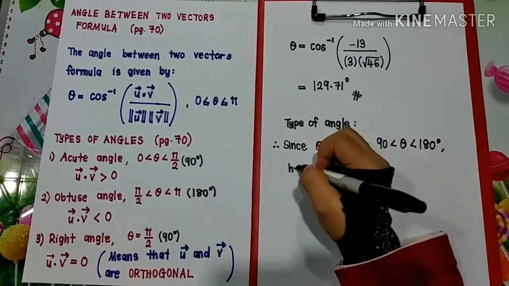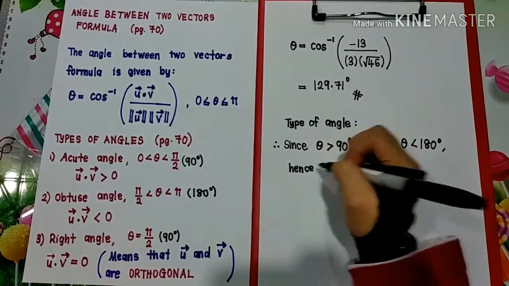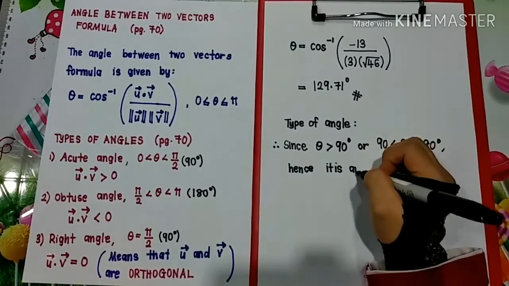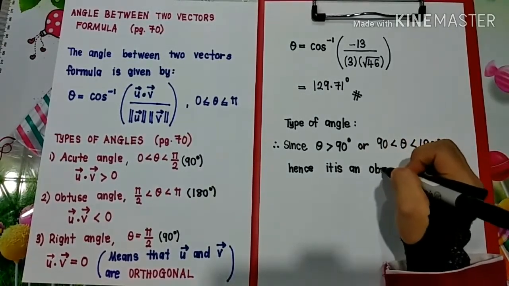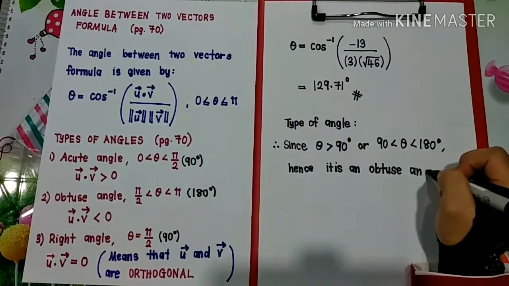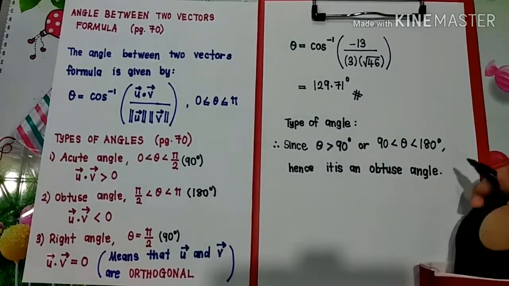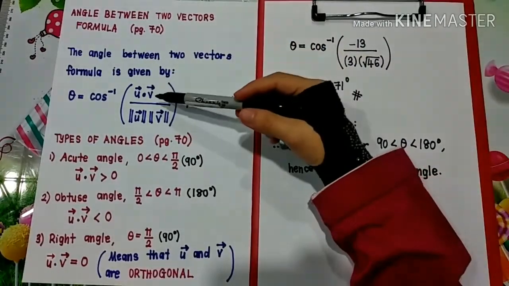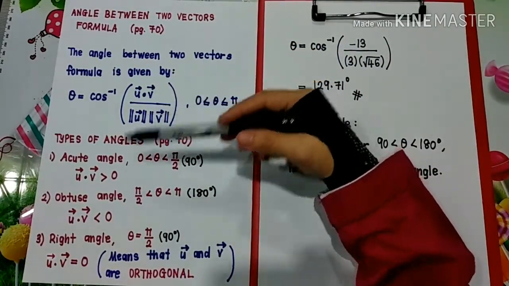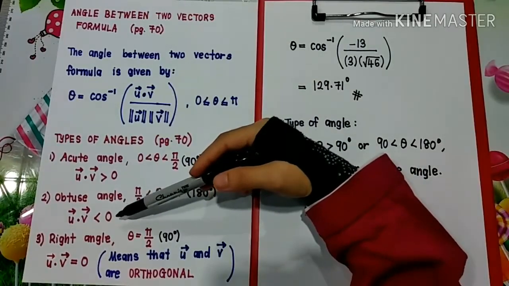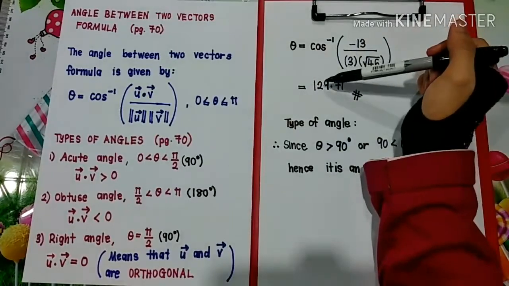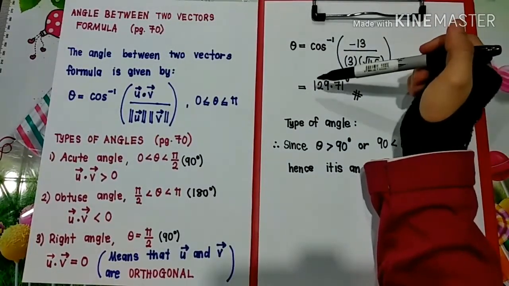Hence it is an obtuse angle. Or you can check from the dot product. The dot product, you get less than 0 or negative, right? Just now, negative 13. So that means the angle that we get here is an obtuse angle.